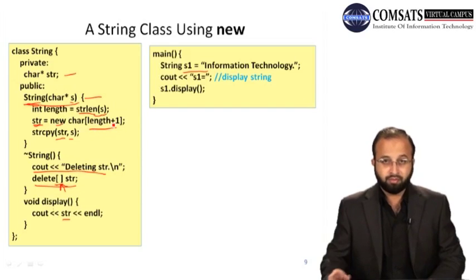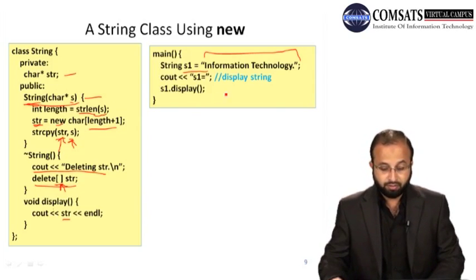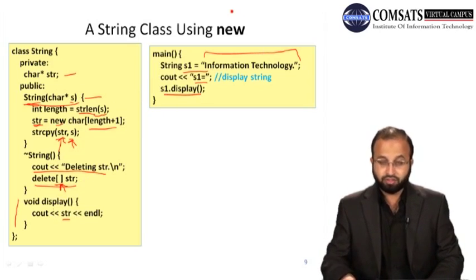So length plus 1 आपने memory allocate कर दी. This one is for the null character. Then you are going to copy the content of s, that is this string, into str, right? And then the second statement in the main is the cout. You are going to display the content, so we will display s1 is equal to, and then s1 dot display. So it should display here this information technology string.